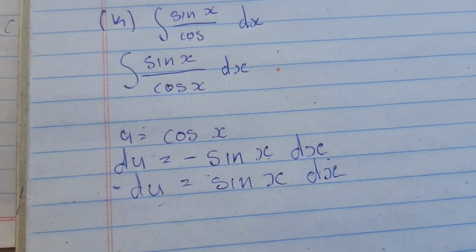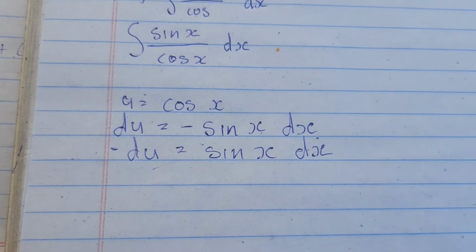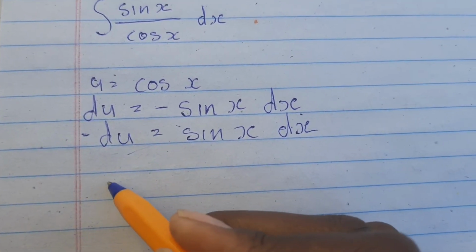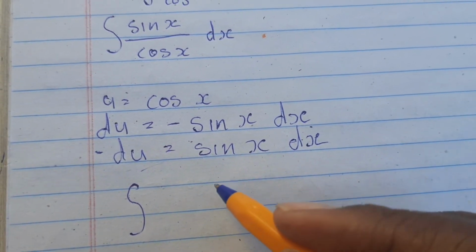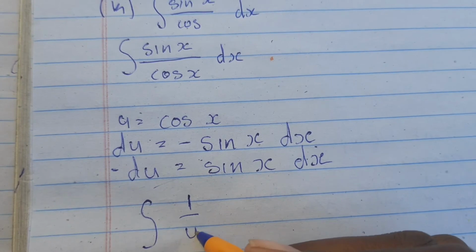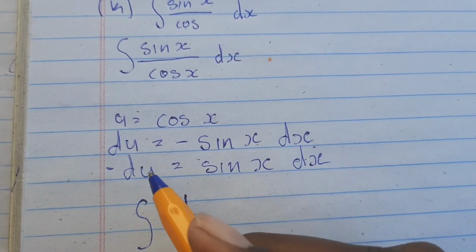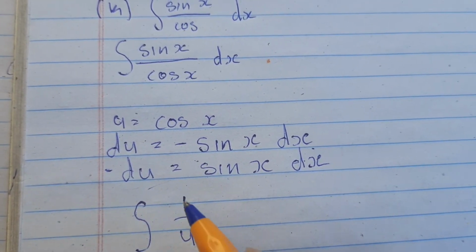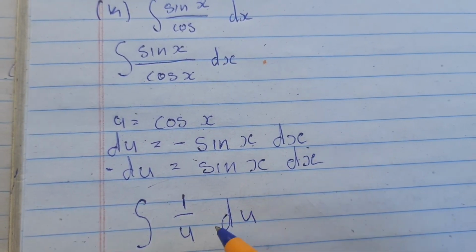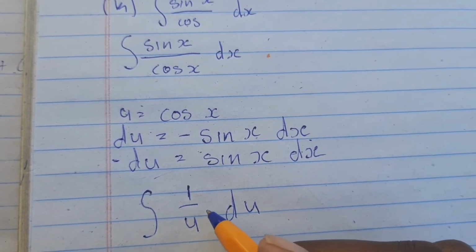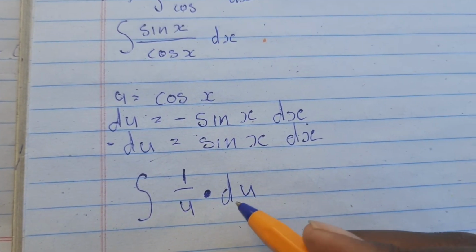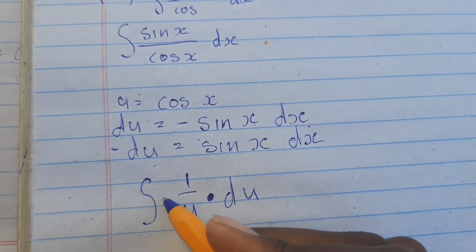Now that we have all that in place, we take it back into the integral form. The integration of 1 over u. The du will remain on its own, and we're going to put du over there. The du is negative, and in between there's an imaginary multiplication symbol, so the minus sign will multiply out.